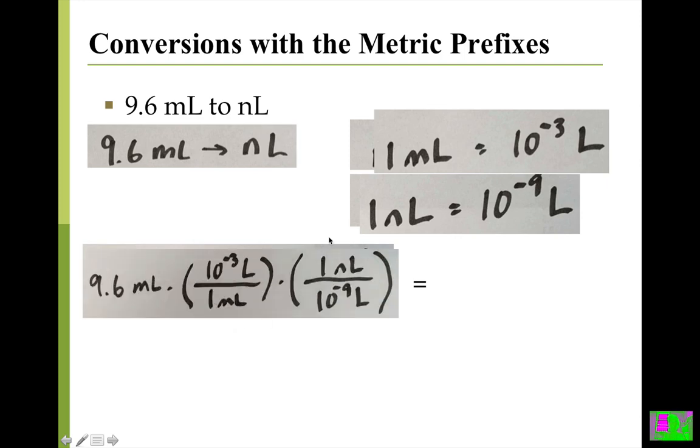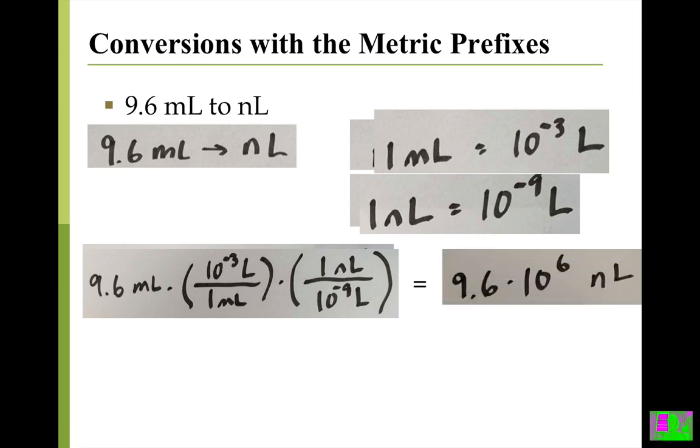Then it's a matter of filling in the numbers from the equalities that we created. For the first one, 10 to the minus third liters on the top, 1 milliliter on the bottom. It's almost easier to see, even in fraction form, that the milli is opposite the 10 to the minus 3. And in the second one, the nano, the n, is opposite the 10 to the minus 9th.